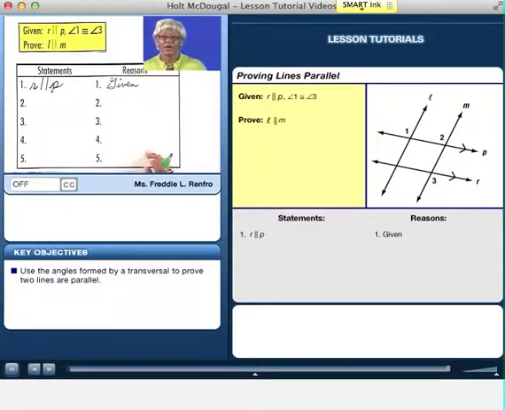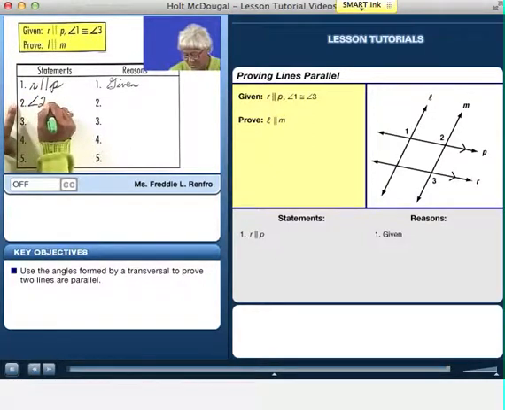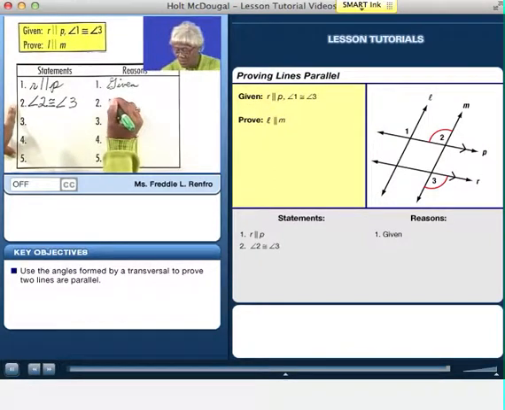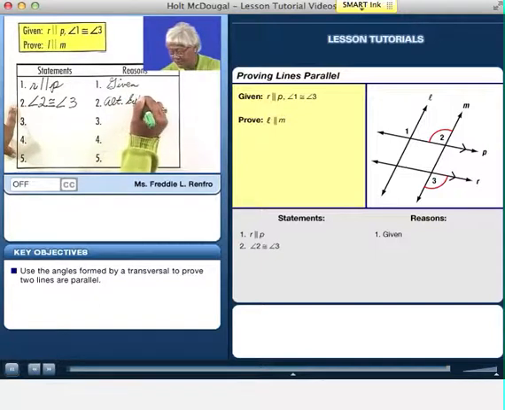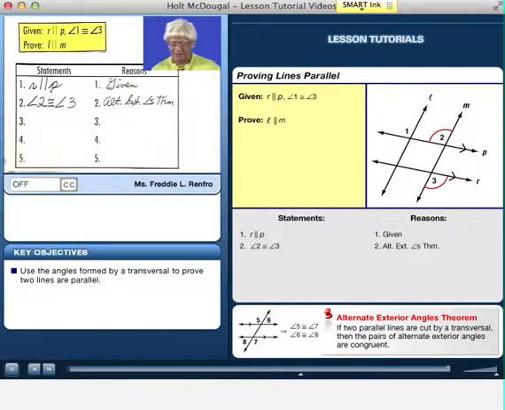Well, 2 and 3 are alternate exterior angles. And since R is parallel to P, then I can say that angle 2 is congruent to angle 3. And the reason? Alternate exterior angles theorem.